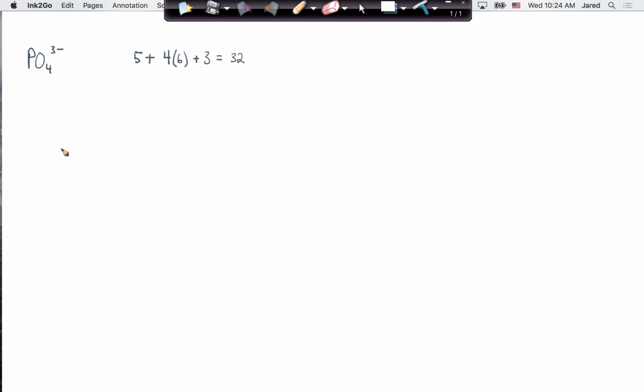So I'm going to start it over here. Here's phosphorus, and we're going to draw single bonds. That's 8 of my 32 electrons. So 32 minus 8, we have 24 electrons left to play with. So then I'm going to put my oxygen atoms in.